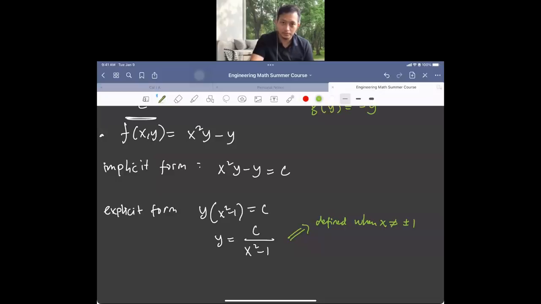So the integrating factor is a little bit different from the previous one. But I think Monday I will discuss that. I will just focus on giving you some examples.